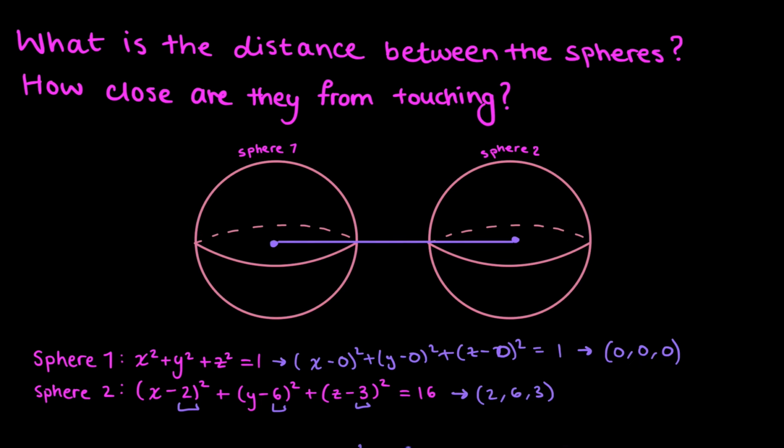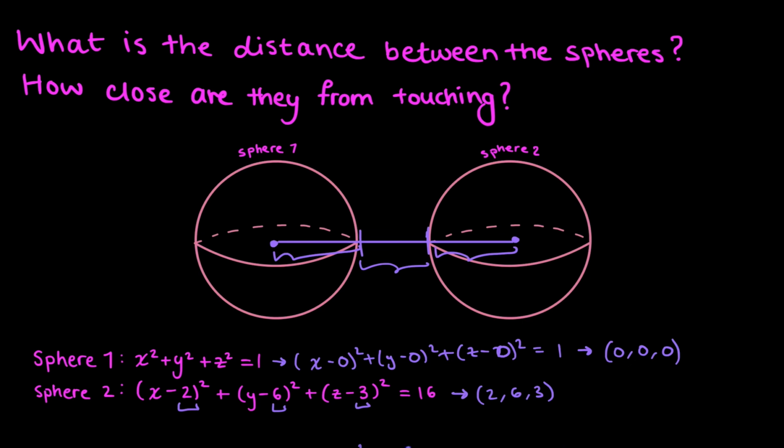Now, how do I tell how close they are from touching? Meaning, just looking at the outermost edge of the spheres, I am looking at the gap between the two, not the centers. So how do I find that? Well, if the distance that I just computed was from the two centers of the spheres, and I'm trying to find the gap between the two edges, then I need to account for these two distances.